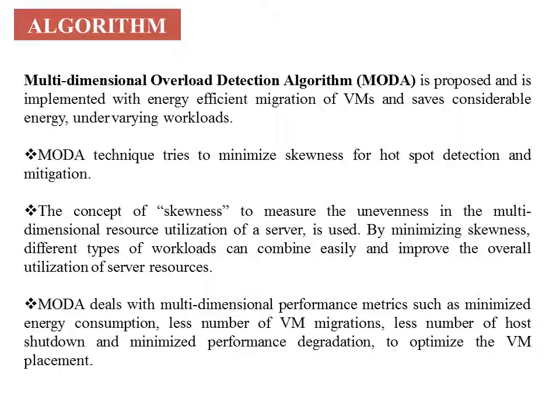Upon this, MODA operates. This algorithm tries to minimize the energy consumption as well as VM migrations and host shutdowns, and the performance degradation due to SLA violation is also minimized.